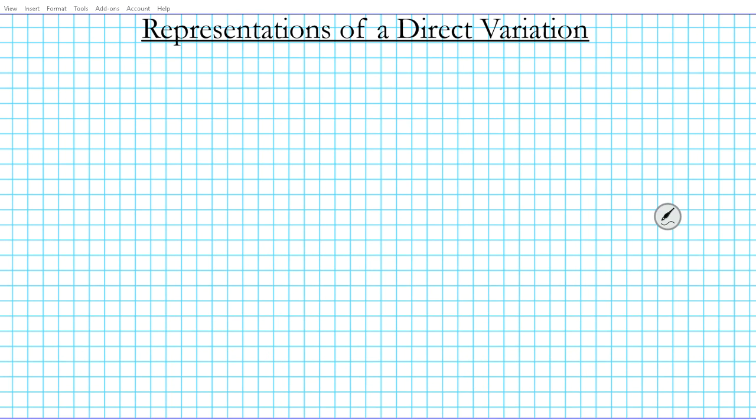To get us started, let's take a look at the various representations of a direct variation. We're going to start with the verbal representation. So how would you describe a direct variation verbally? Well, let's say x and y.